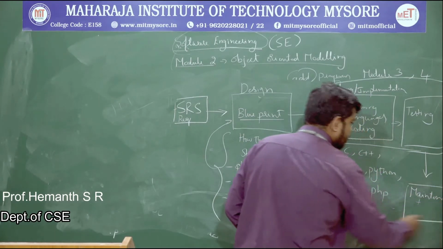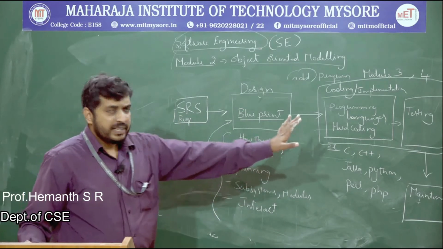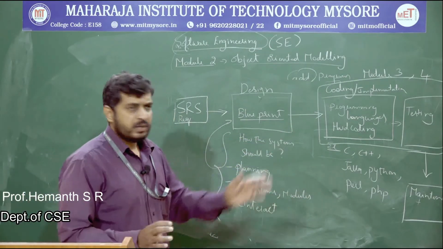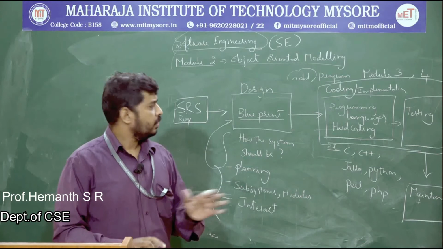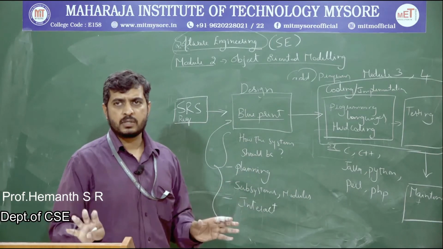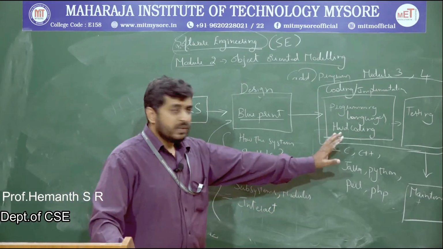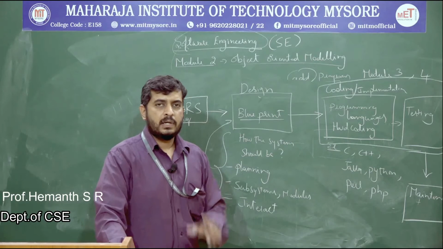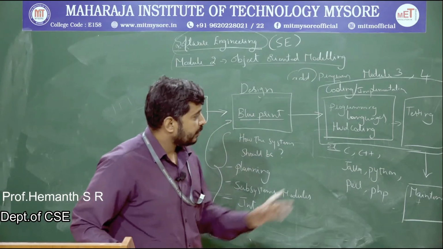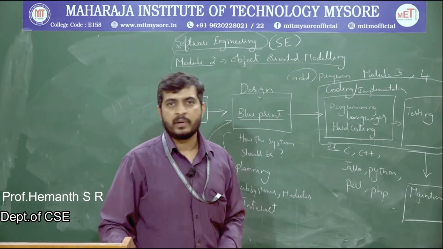What exactly is maintenance? See, maintenance is after you complete the testing, now you have a software which is working with minimized errors and bugs. So you cannot remove 100% of the errors or bugs in a software. Now you give the software to the client. For example, I had taken an example where a software was being developed for a MIT library.